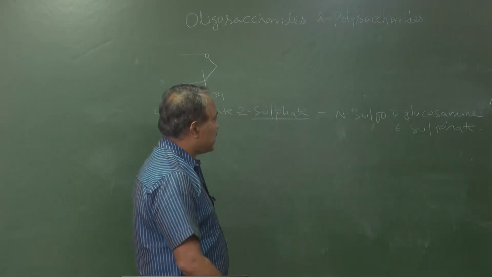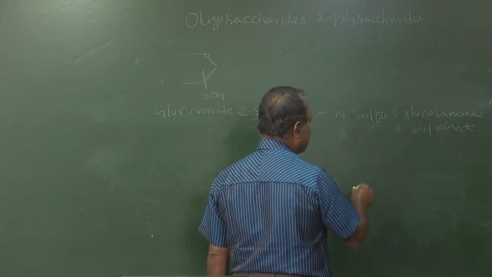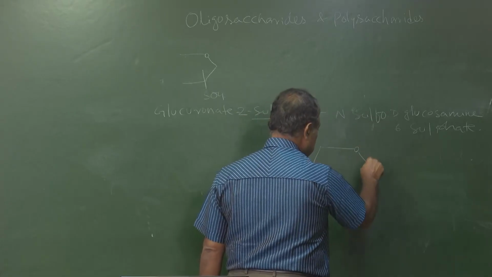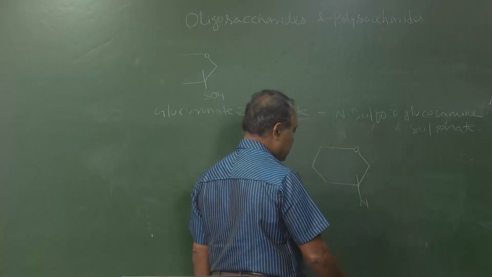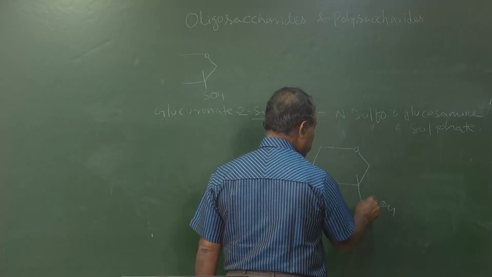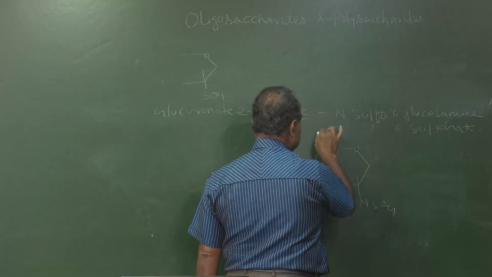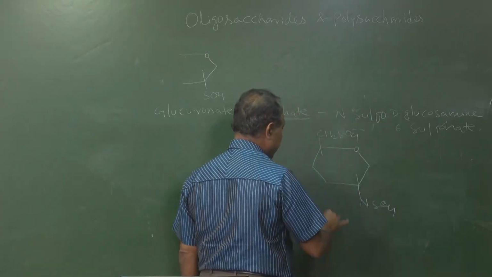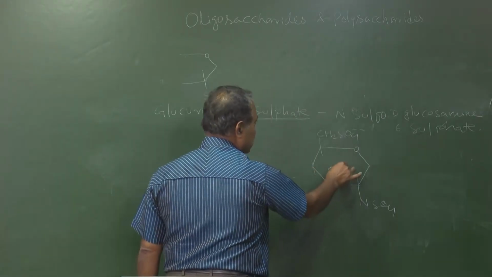Well, what is it? The structure is interesting. First N, then with this N the sulfate group is joined. So that is important here. Then here also 6-sulfate, CH2 sulfate is there. Then other things will be as usual.